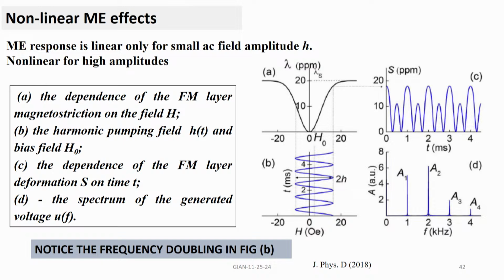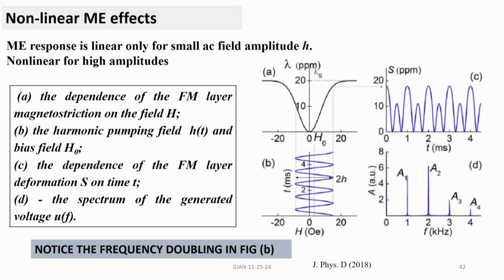In the negative half, you get a similar spike, maybe of lesser amplitude, because the way this is shown, it is not symmetric with respect to zero field. It is shifted slightly to the right. That means the positive amplitude is somewhat higher than negative amplitude.